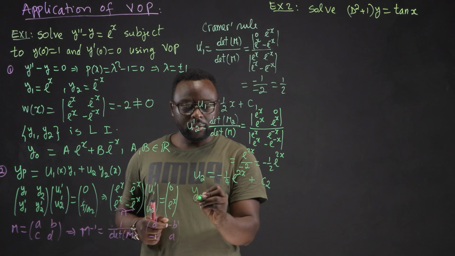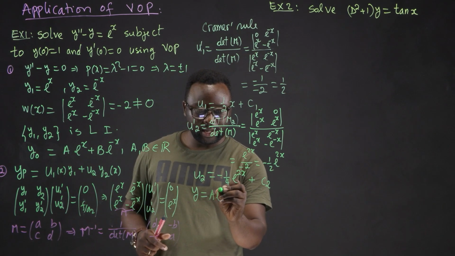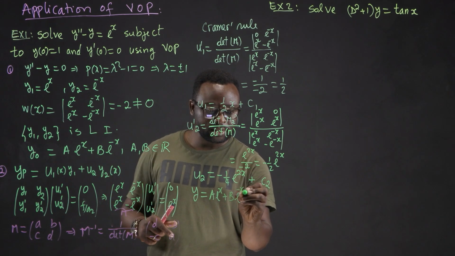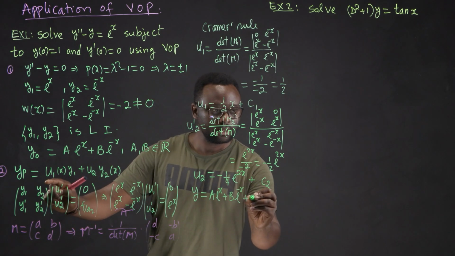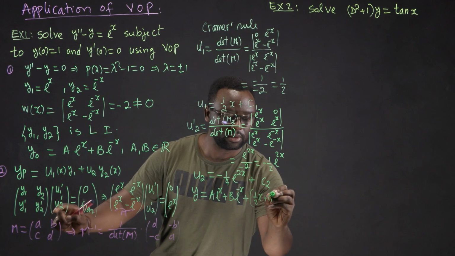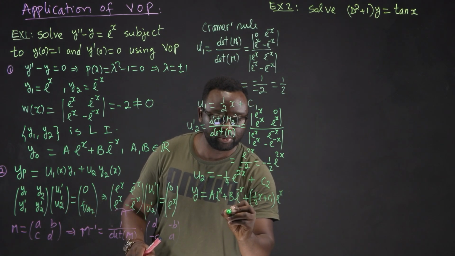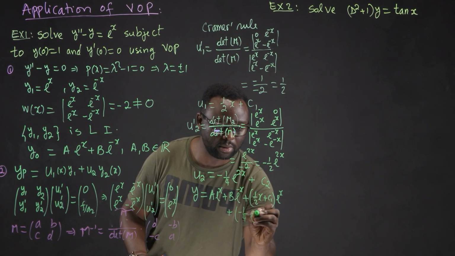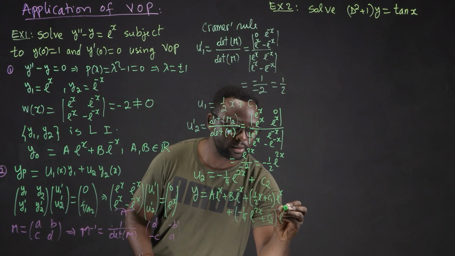So y, the total solution, is the sum of this: a times e to the power x plus b times e to the power minus x plus u1 times, this is u1 is half of x plus c1, all this multiplies e to the power x, plus the last part is minus 1 over 4 times e to the power 2x plus c2 e to the power minus x.